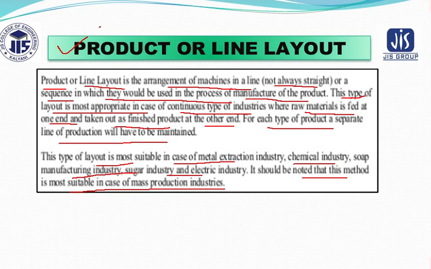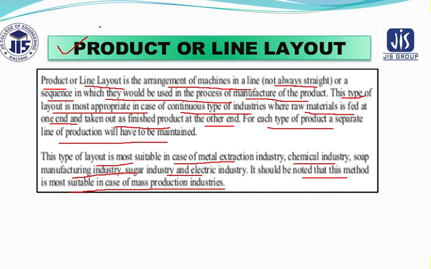If you go for the U pattern, the number of employees required will be less with respect to a straight line layout. So the arrangement of the machines always occurs in a line, but not always straight; it is in a sequence, and they are used to process the manufacturing to generate the product.